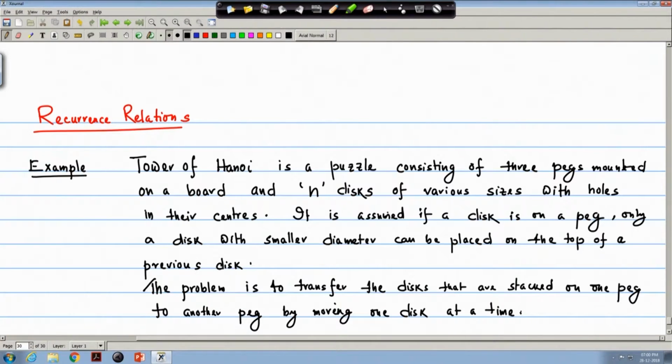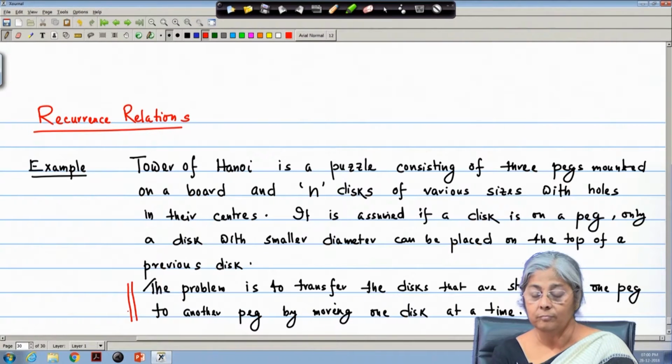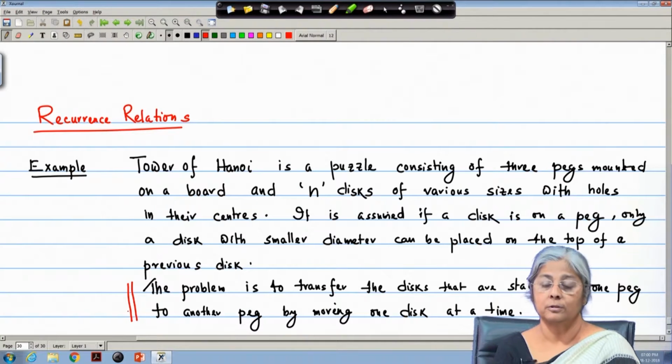And we can use the third peg for this purpose. Okay, so the problem is this. First we will frame a recurrence relation for this. This is one puzzle, and solving it is very difficult when n is very large.